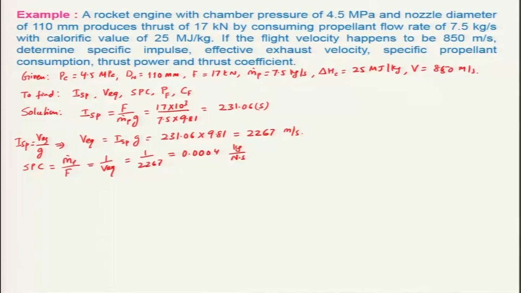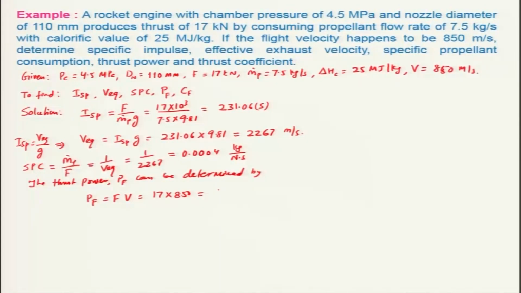So, the thrust power P_F can be determined by F into V. We know F is 17 kilonewton, and the velocity is 850, the flight velocity.